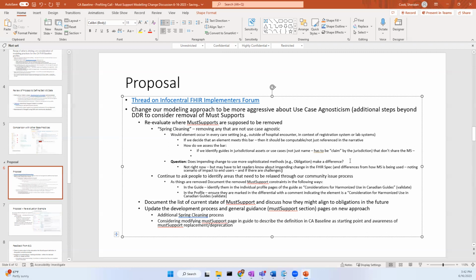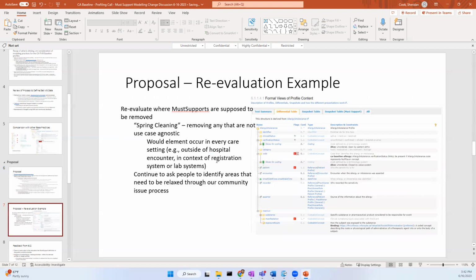So let's talk about most of them, because I actually have, and I apologize, Lorraine, because I think you're on the phone now. What I tried to do, in hopes that this would guide how we create a formula, is to pull up an example of our current allergy intolerance profile, which has that generic scope.